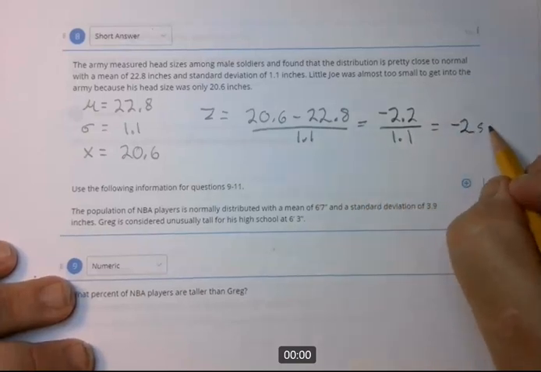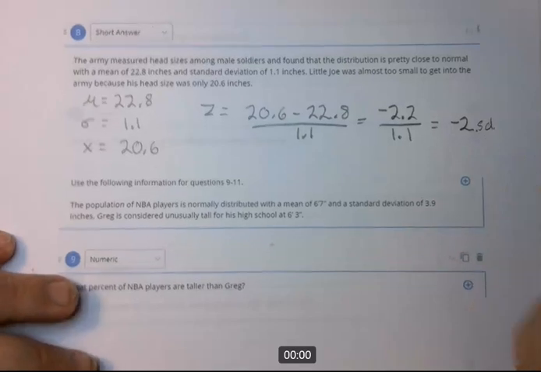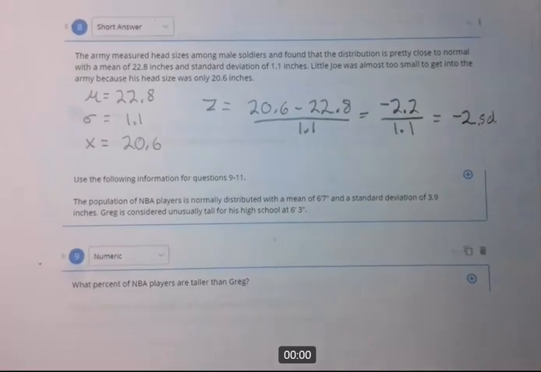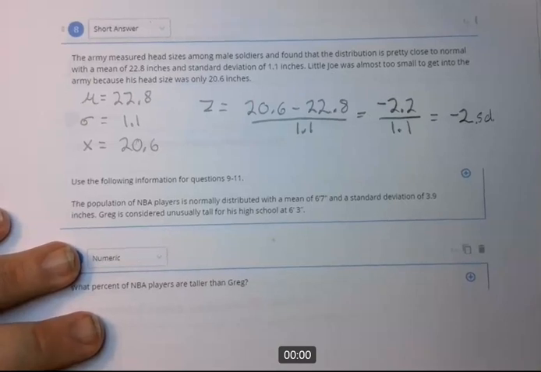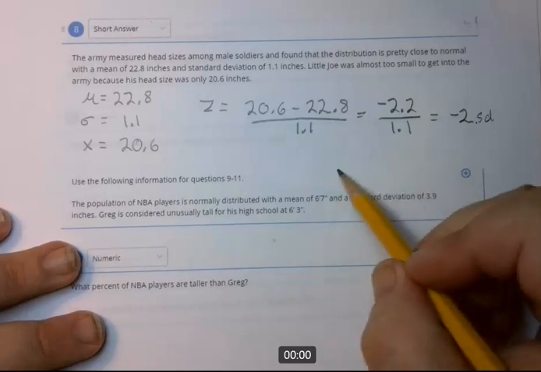Okay. So little Joe's head was negative 2 standard deviations below the average, which means his head was smaller than 97.5% of all heads. Because he was negative 2, you take the 50% on the left side of the chart.